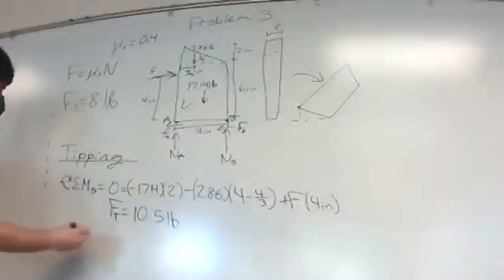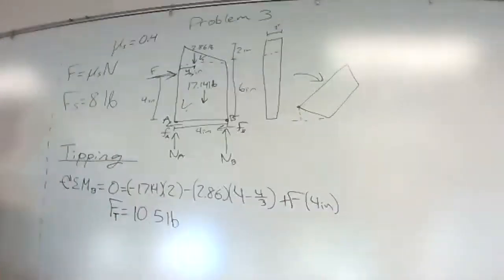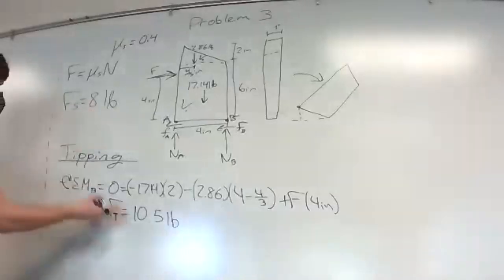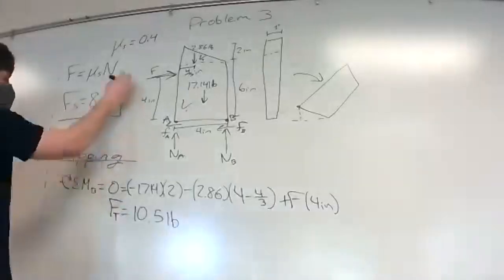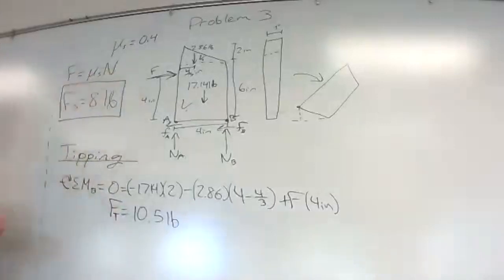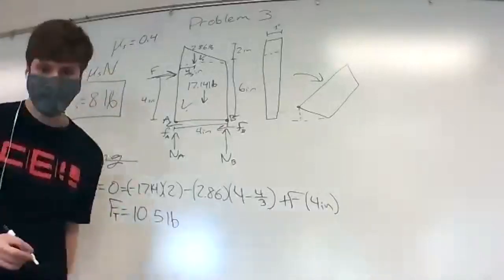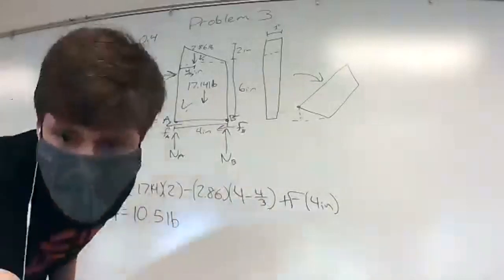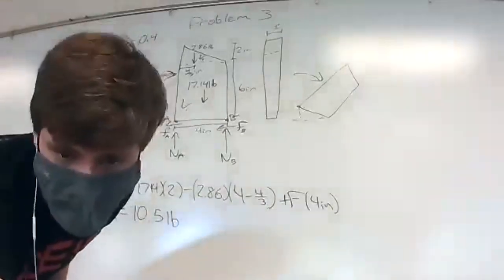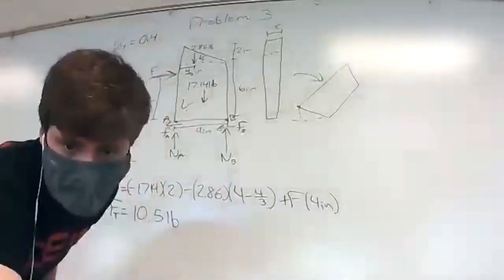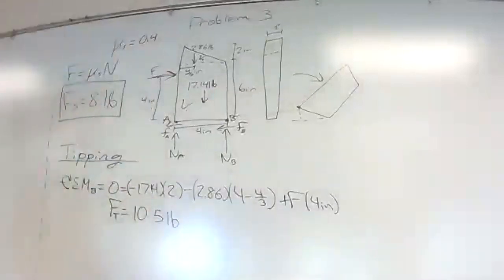Slipping and our F tipping, and we can see that our F slipping value is much lower. It's 8 compared to 10.5. So this will happen first. And that's the whole problem.